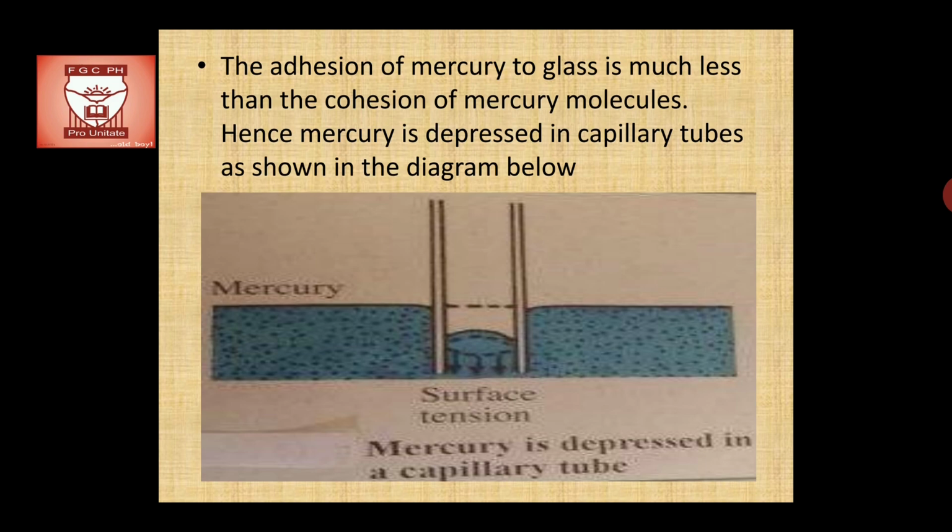Another point we're going to look at is that the adhesion of mercury to glass is much less than the cohesion of mercury molecules. Hence, mercury is depressed in capillary tubes as shown in the diagram below. Look at it there in that diagram. Mercury is depressed.